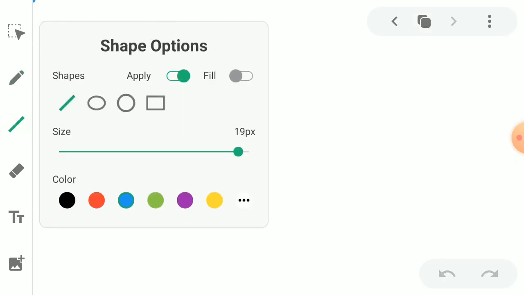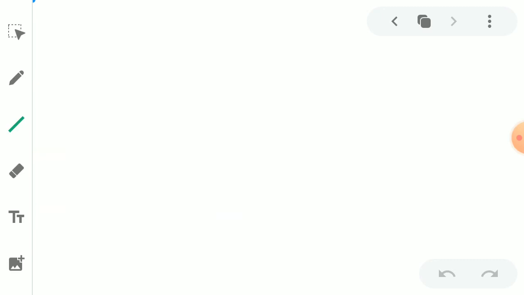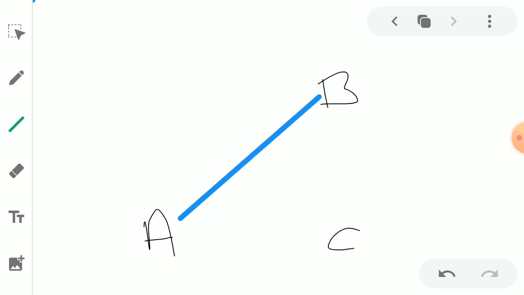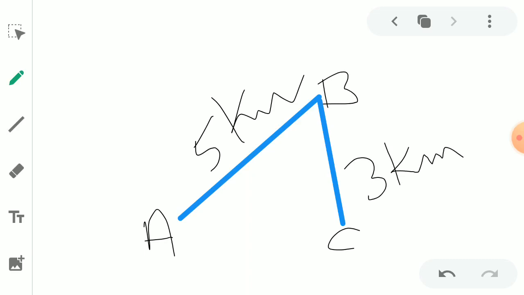We can understand it in a very simple way. Suppose a man is living at place A, and he has to travel from A to C, but before that he has to go to place B. So at first the person will travel from A to B and then from B to C. Now suppose the distance from A to B is 5 kilometers and from B to C is 3 kilometers.